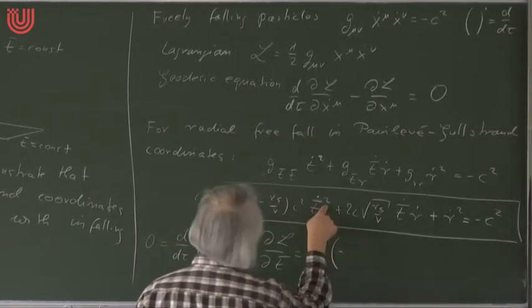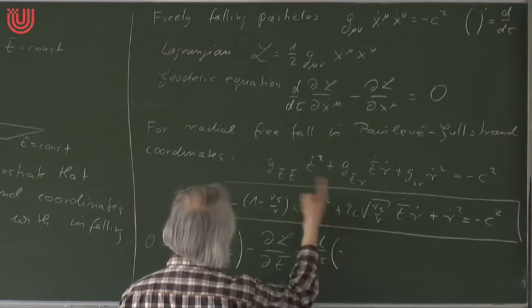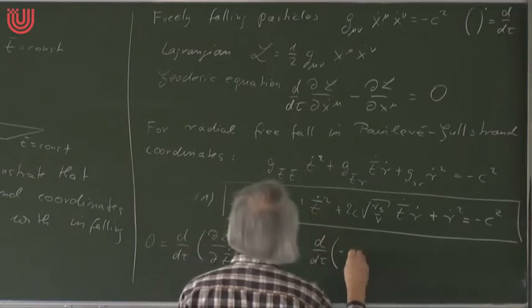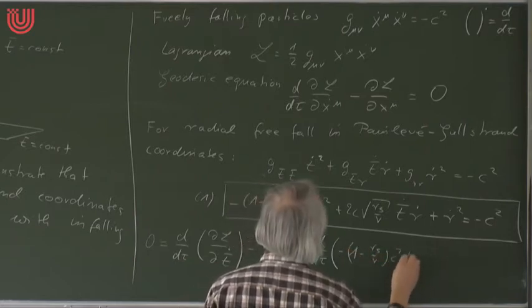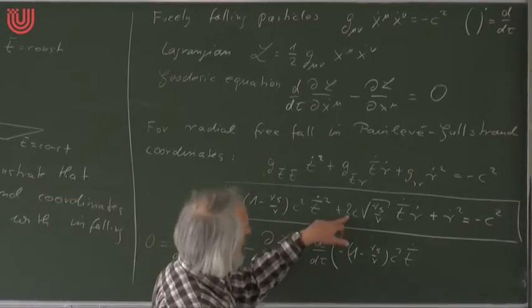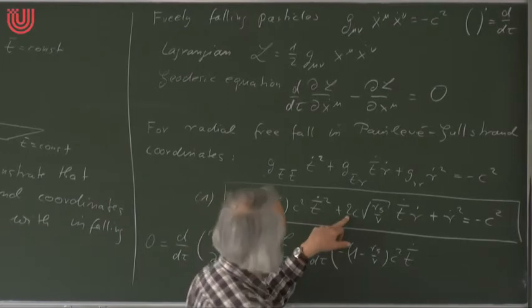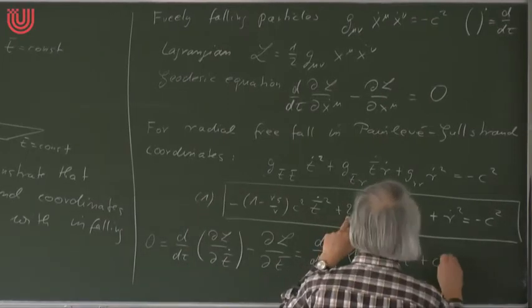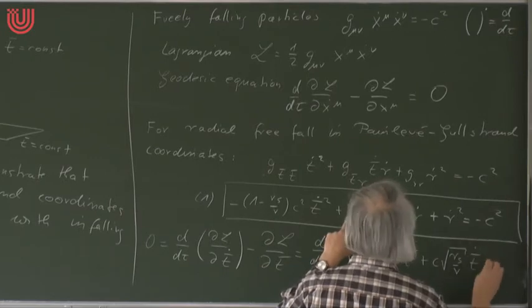So the 1/2 goes away against this 2, which when I take the derivative, so I have minus 1 minus rs over r, c squared t dot from the first term. From the second term, this goes away against the 1/2 in front of the Lagrangian. So I have plus c root rs over r, t bar dot.